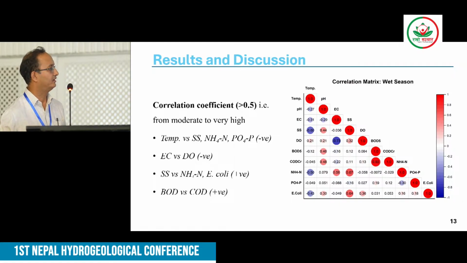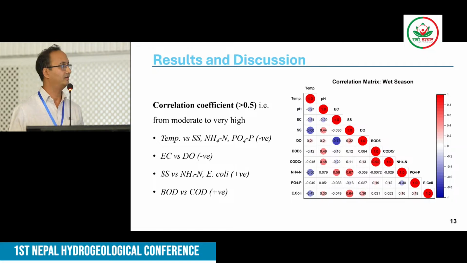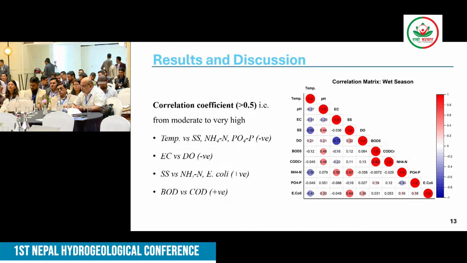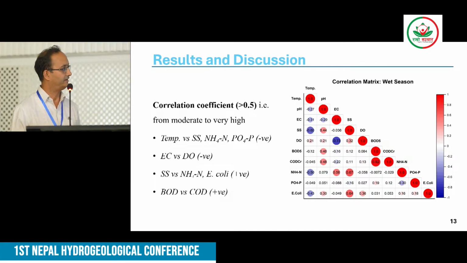So in the wet season, this correlation indicates that with the increase in the suspended solids in the river water, we have seen an increase in the E. coli contamination, because the suspended solids act as an attaching material.